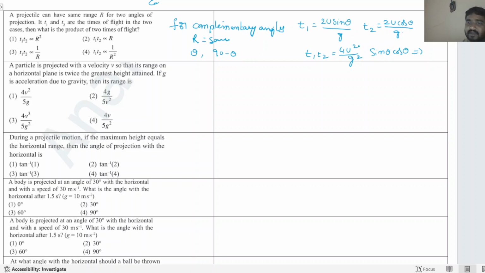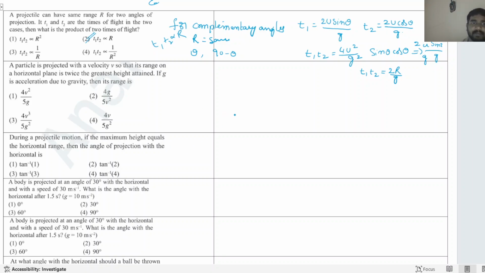From this, 2 sine theta cos theta is sine 2 theta. So you get u square sine 2 theta divided by g, with the 2 taken in. Therefore T1 T2 equals 2 times range R divided by g. Hence T1 T2 is directly proportional to R. Go with option 2.